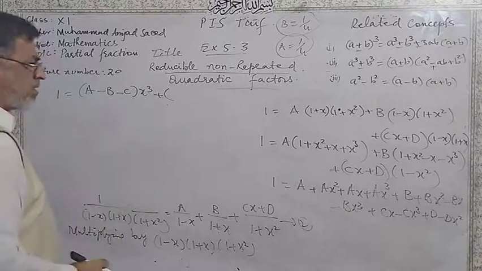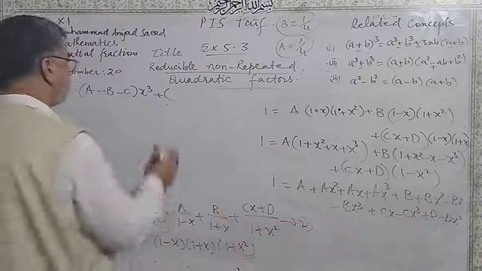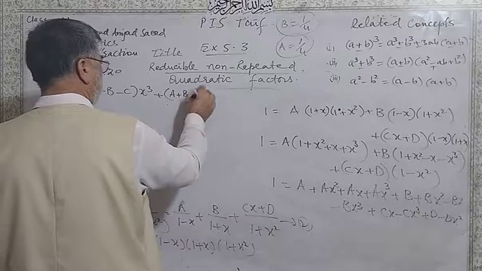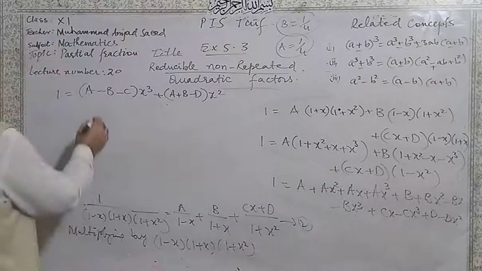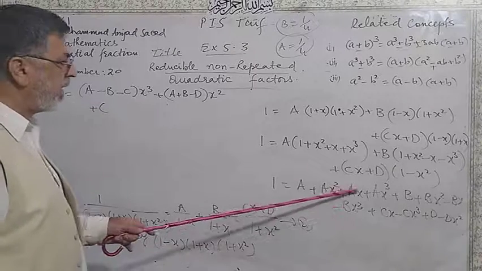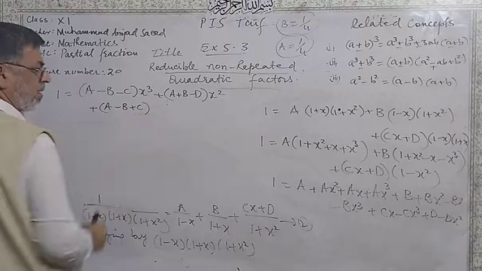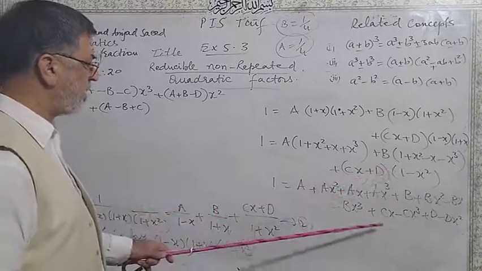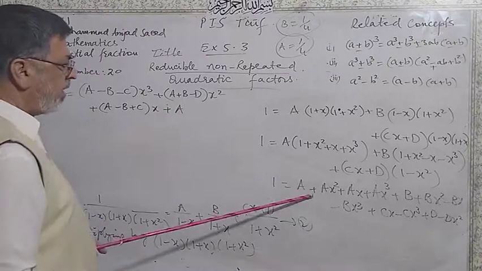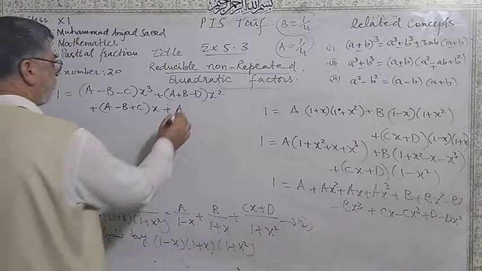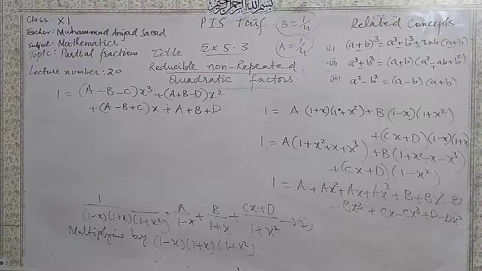After that, squared terms a plus b minus d into x square, and after that x terms a minus b plus c into x, and after that we have constants a plus b plus d.